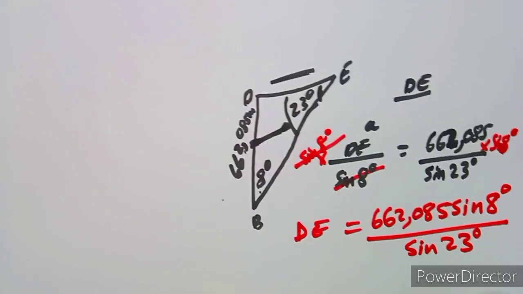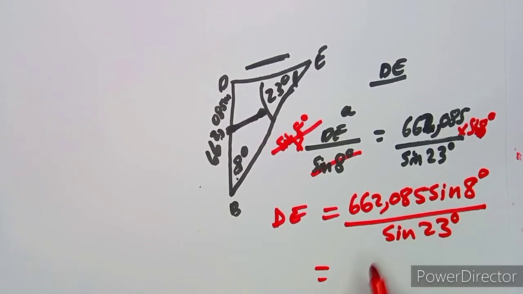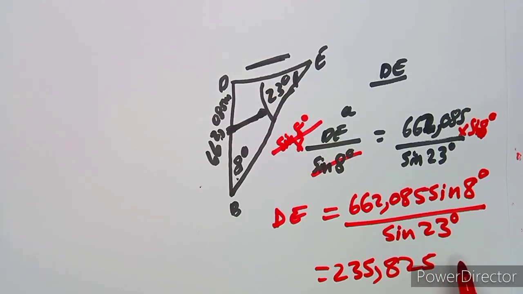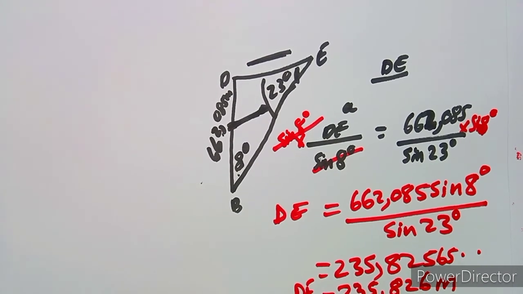So simplify that part. You're going to obtain 235.826 meters. So that's our DE.